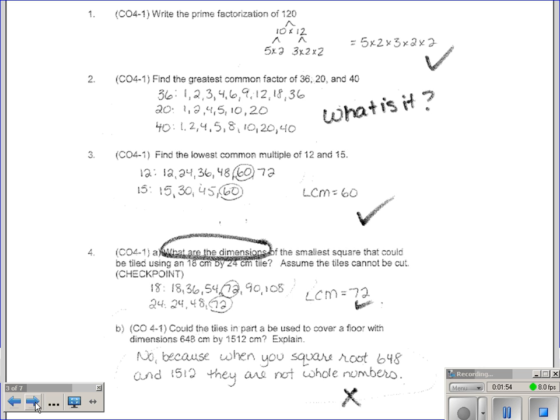In this assessment here, we have the level 2 question done correctly. The level 3 questions, they get the lowest common multiple. They showed the proper strategy for finding greatest common factor, but never did name it. So what I would do before I even scored this, I would call the student up to my desk and ask them if they could tell me what the greatest common factor of those numbers were.